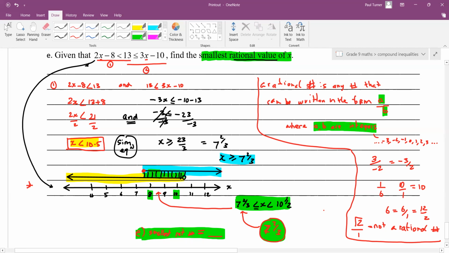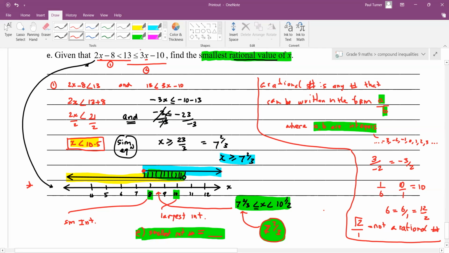So if I was asking for prime number, there isn't any. So there would be no solution. So that one there is the smallest integer. And this 10 would be the largest integer if I was asking those questions. Okay, so that's that one there.